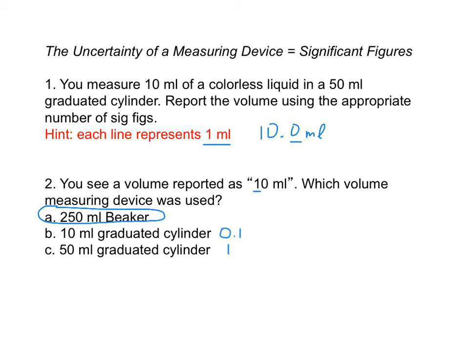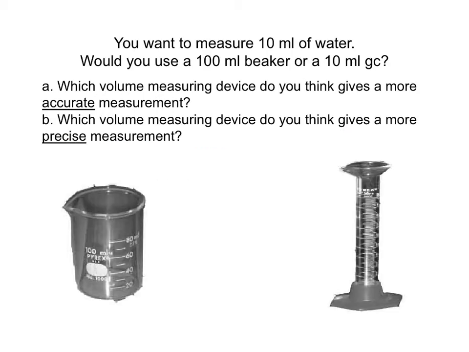So note that the uncertainty in those two measurement devices is much lower. So make a prediction. Which volume measuring device do you think gives a more accurate measurement? Which one gives a more precise measurement? Usually the device which has the smaller uncertainty will give the more accurate measurement and the more precise measurement. So the answer for each question should be the 10 mL graduated cylinder.